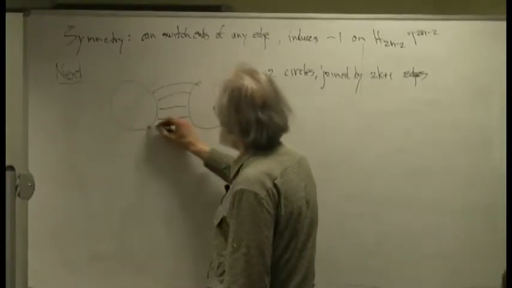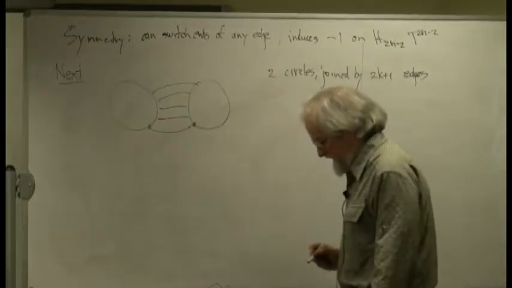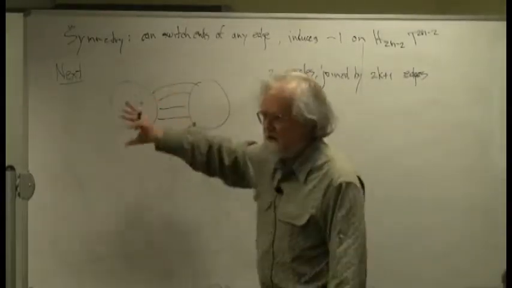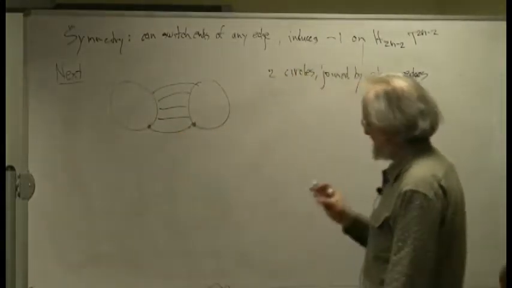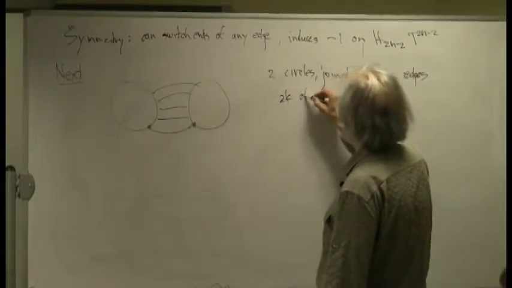One of these edges we can just think of as fixed, sort of like a base point. After all, you can rotate the circle, so you might as well fix one of the attaching points on each circle.